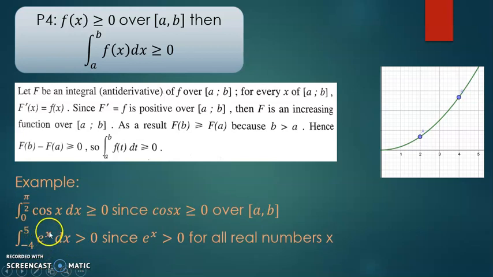Same for the integral of e to the x, regardless of the boundaries, because the exponential function is always positive. So the integral of the exponential function over any interval is positive, and it's actually strictly positive. Now, this is a remark: also, if the function is negative, then its integral is also negative over the interval.